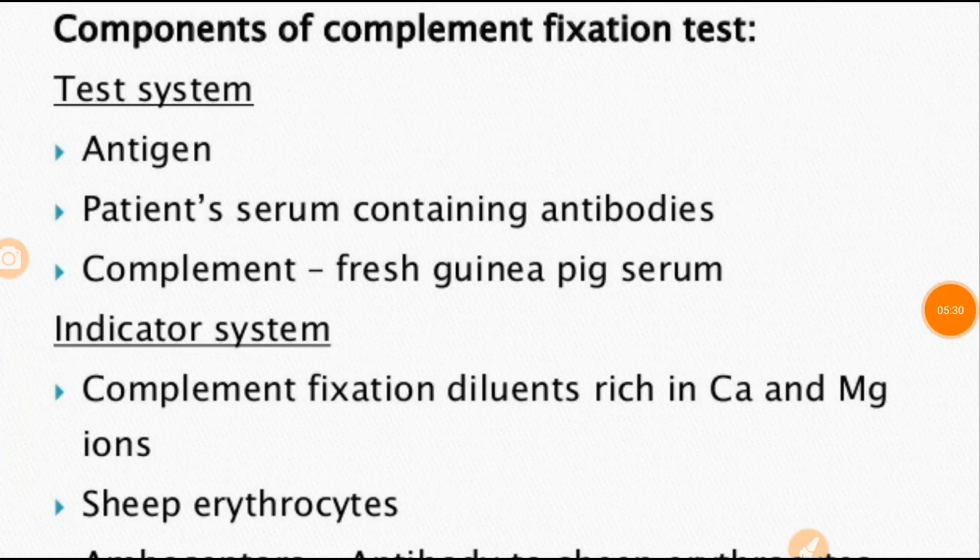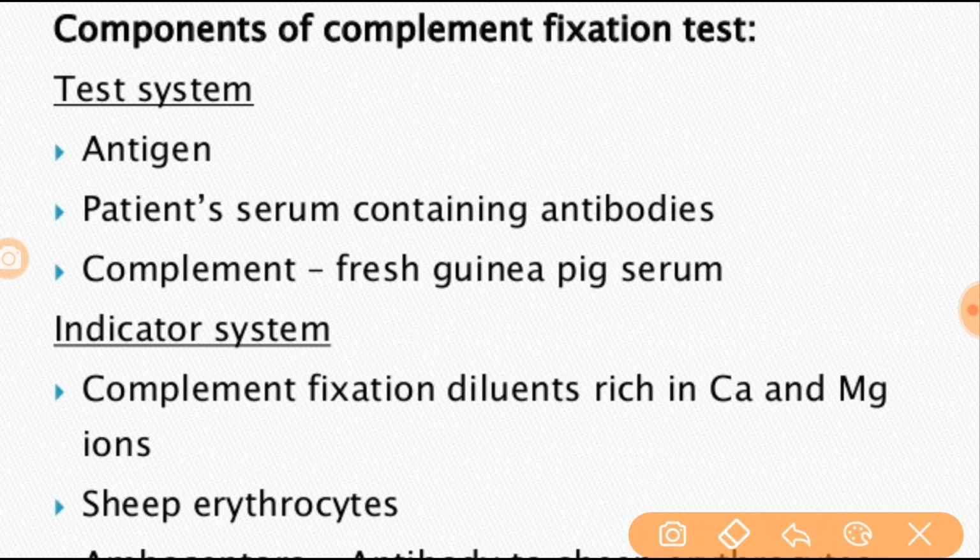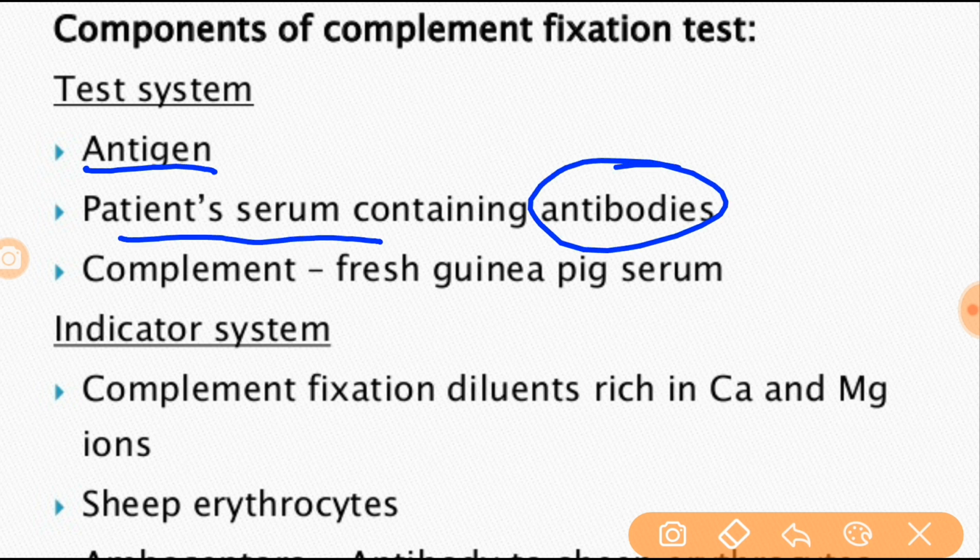Here, the components of the complement fixation test: the test system is the antigen, the patient's serum containing antibody, and complement, which is fresh guinea pig serum. You have to remember: antigen, patient serum containing antibody, and the complement present in the guinea pig serum.